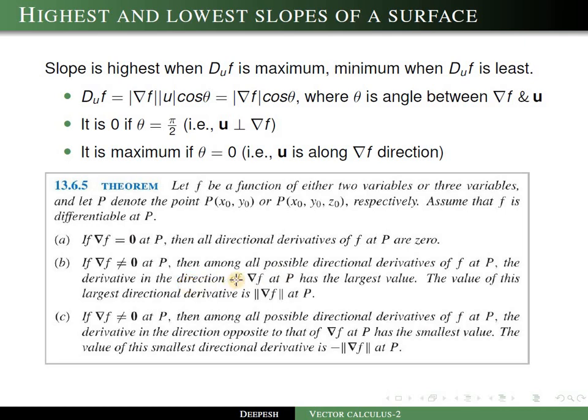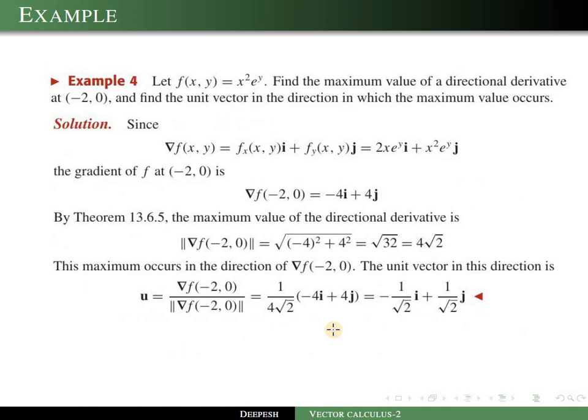Then the derivative in the direction of del f, that is, u cap taken as the unit vector in the direction of del f, will have the largest value, and the largest value will be the length of del f. The minimum slope direction is going to be the opposite direction, that is, if you take u as minus of the del f direction.